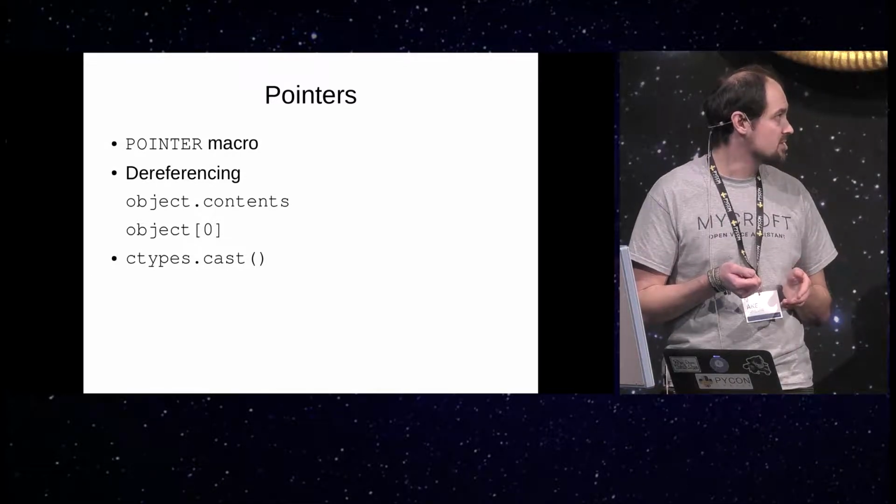They also provide the index method. And this is basically to emulate the syntax of C. In C, object bracket 0 will basically dereference the first object starting from that pointer, which is a bit weird, but if you know C and you want to get it similar, you might want to use this.